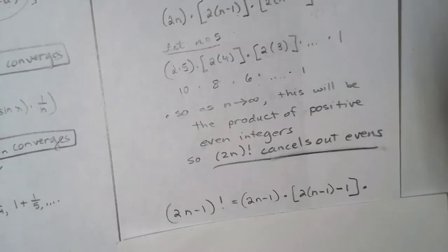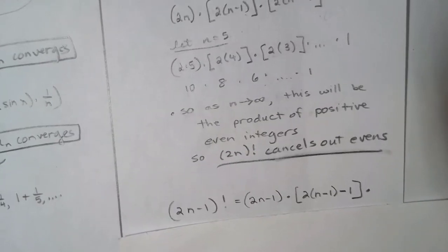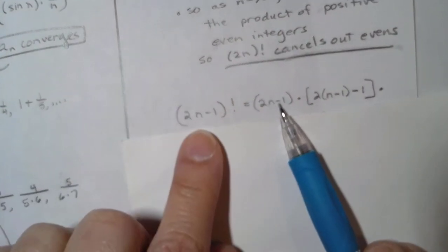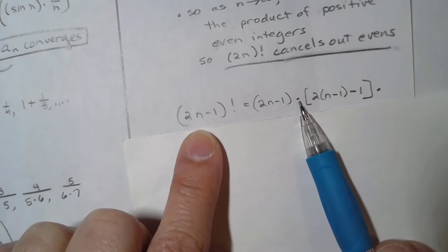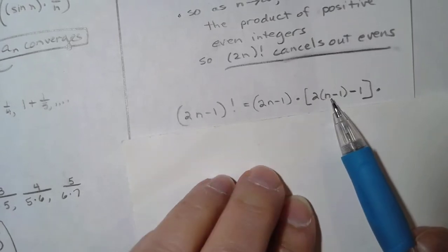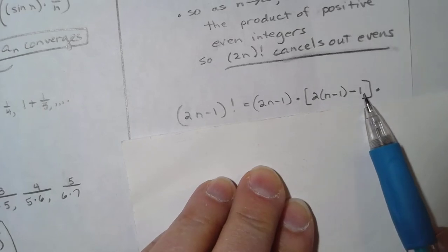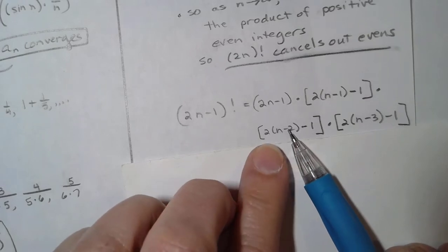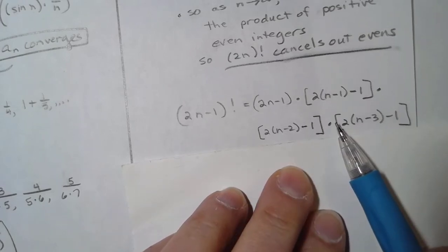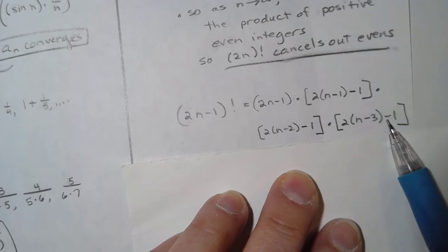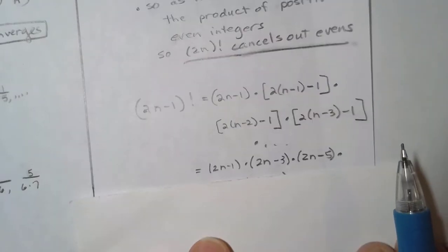Now let's think about 2n minus 1 factorial. That would mean 2n minus 1 times, now let's remember, we subtract 1 from the n. So that's 2 times n minus 1 times 2 times n minus 2 minus 1 times 2 times n minus 3 minus 1, and so forth.